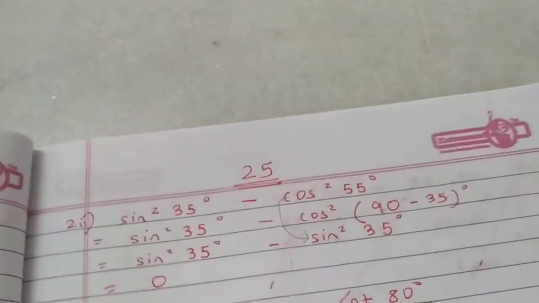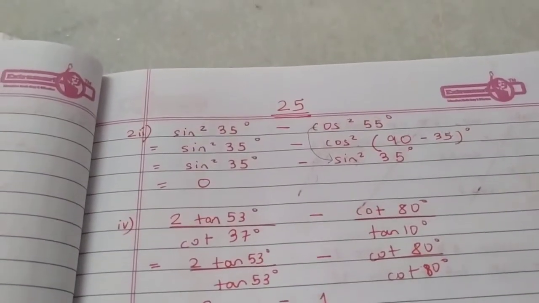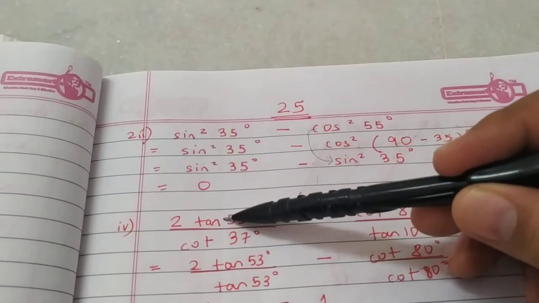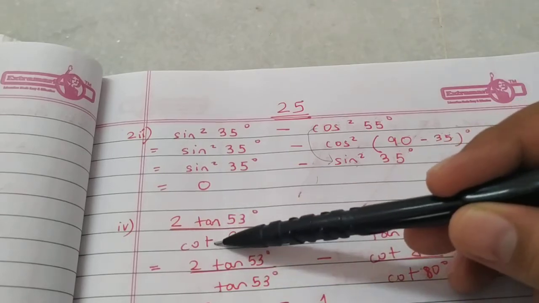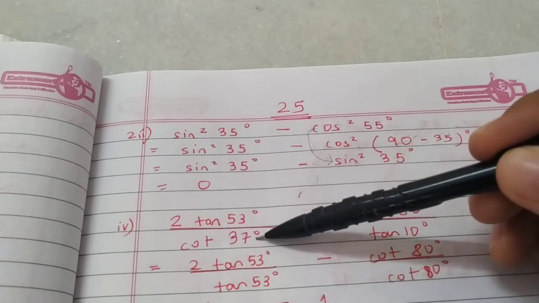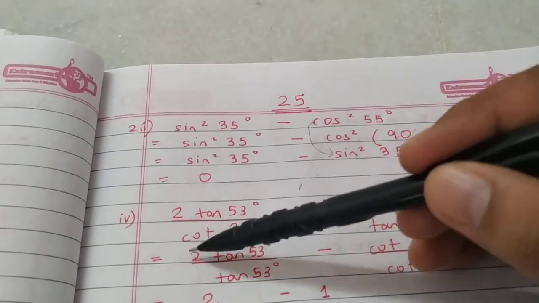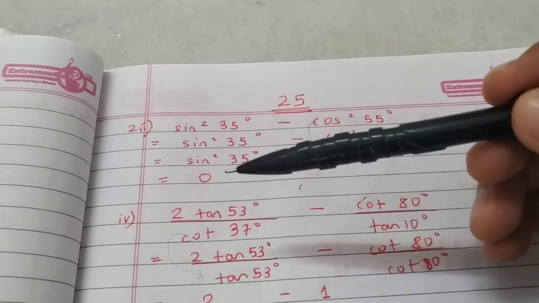The next sum, the fourth sum, is this. So again, I will either convert tan into cot, or I will convert this cot into tan. So I'm going to write cot 37 as tan 53. This is the transformation I have brought about.